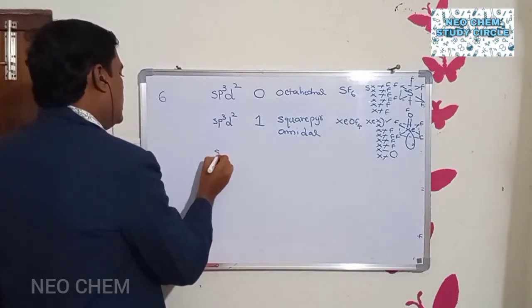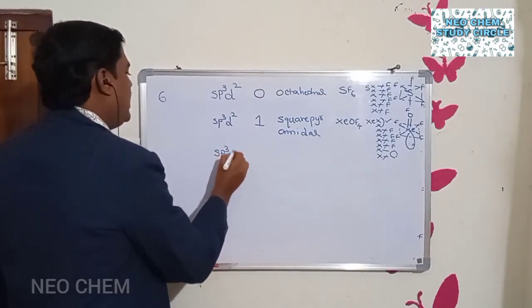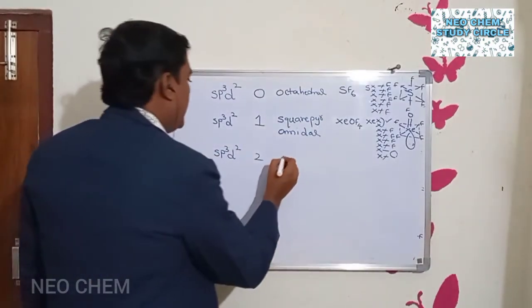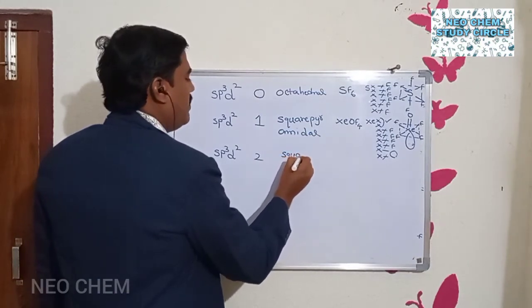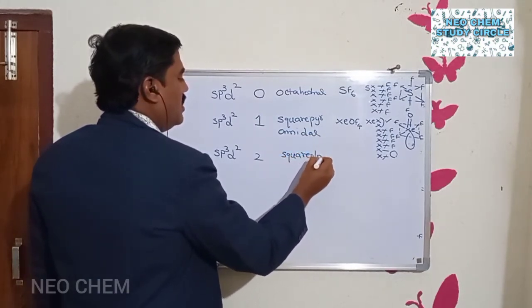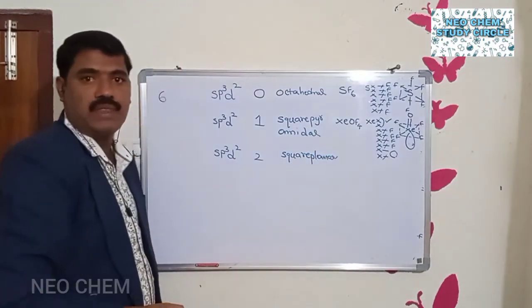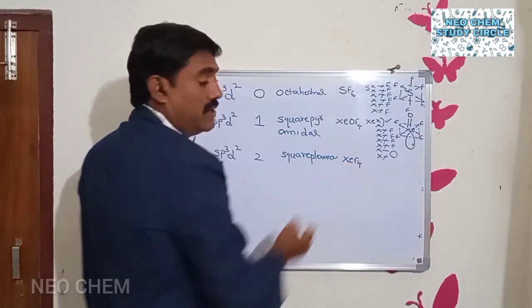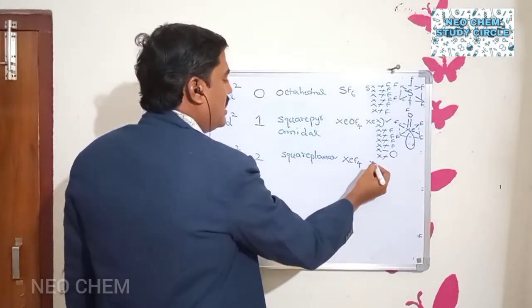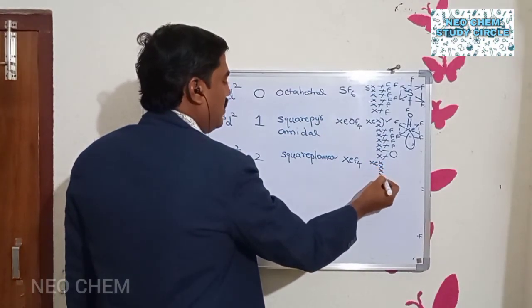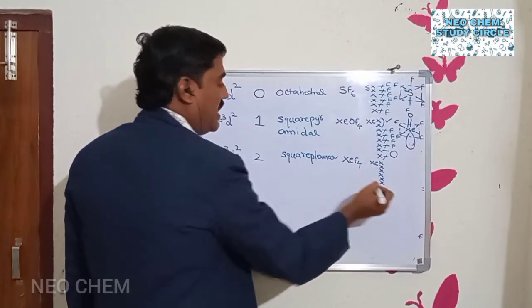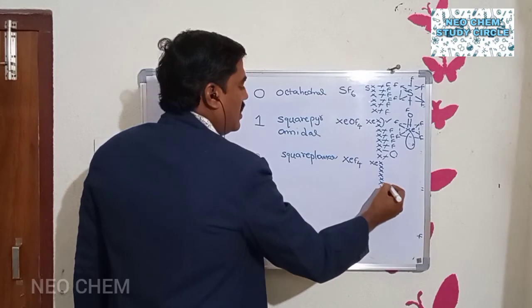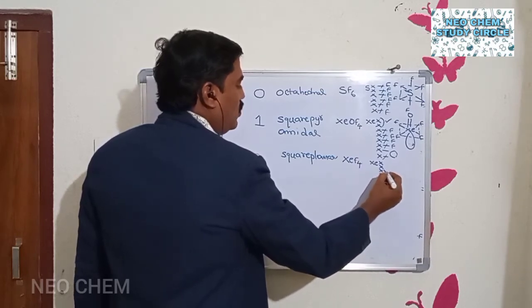Next, after sp3d2 hybridization, if two lone pairs are there over the central atom, then the geometry is square planar. Now let us take one example: xenon tetrafluoride. Here also we should write 8 electrons. 4 fluoro groups are there, remaining 2 lone pairs.